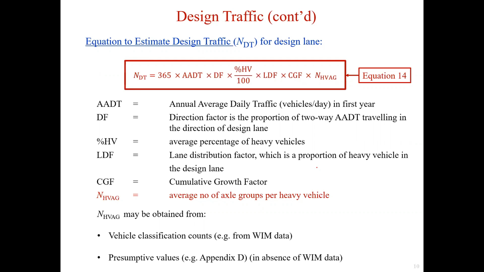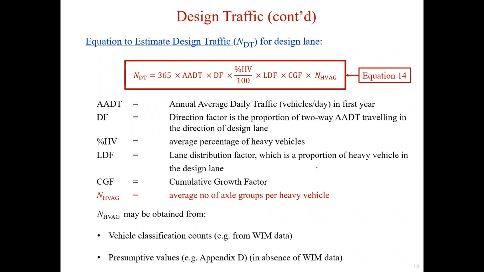The LDF is the lane distribution factor, which is the proportion of heavy vehicles in design lane. CGF is the cumulative growth factor, and NHVAG is the average number of actual groups per heavy vehicle. The design traffic NDT is applicable for both flexible and rigid pavement.